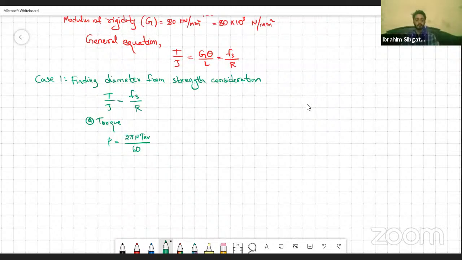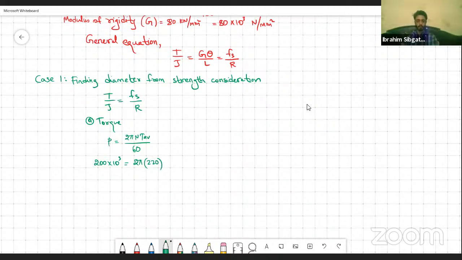So over here, P is the power, N is the number of revolutions per minute, and TAV is the average torque. Okay, so P we already know, it is 200 into 10 power 3 watts. So 200 into 10 power 3 equals to 2 pi N, where N is number of revolutions, and that is 220.